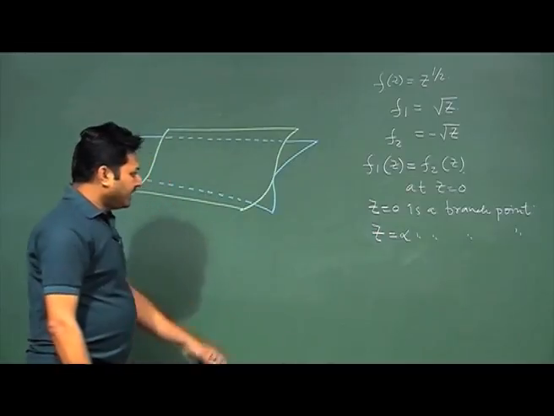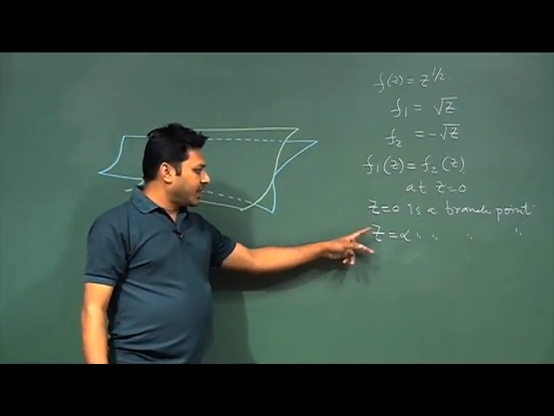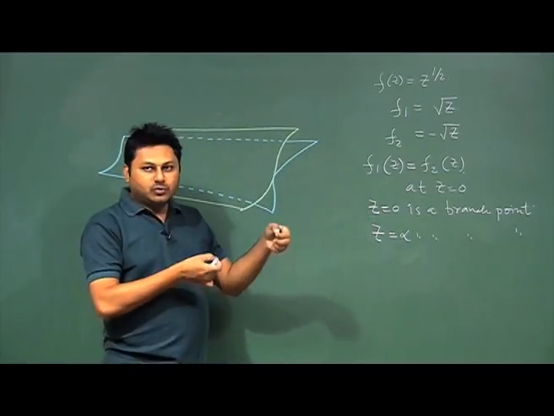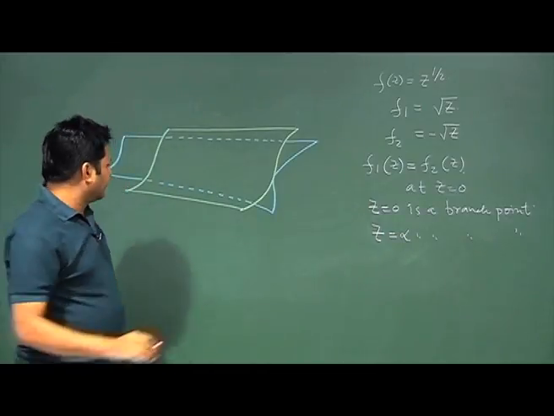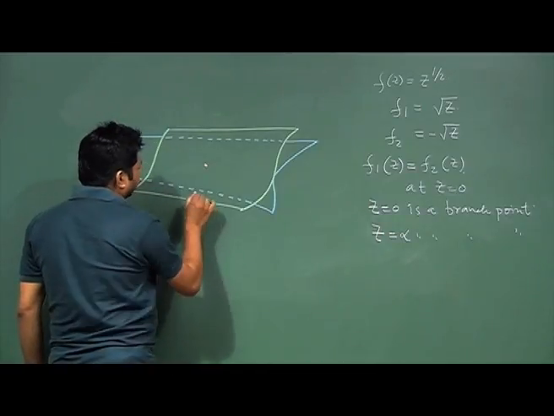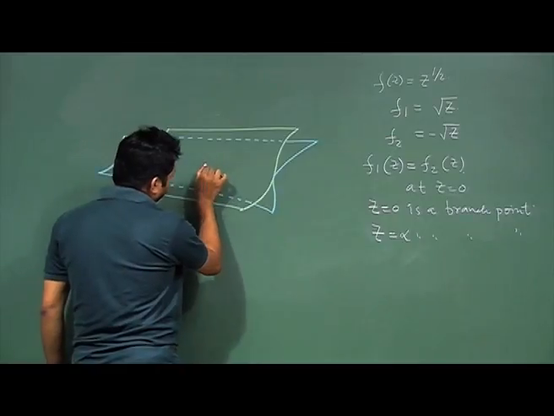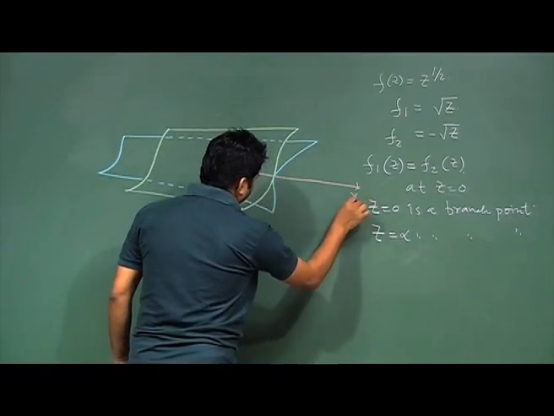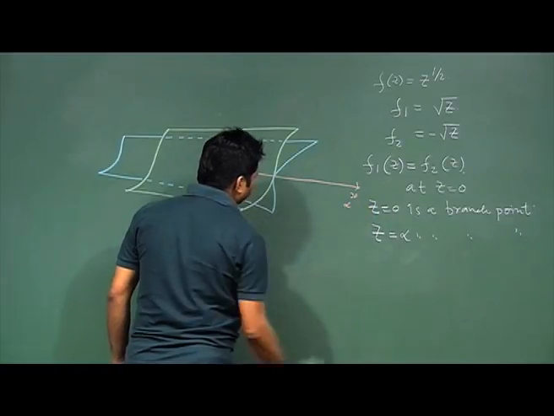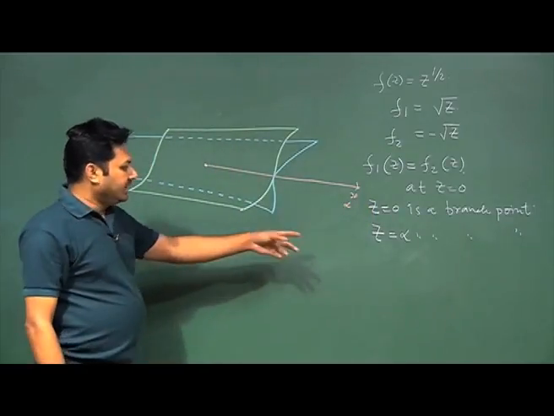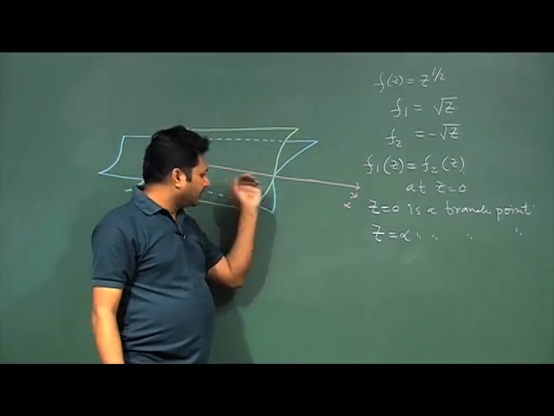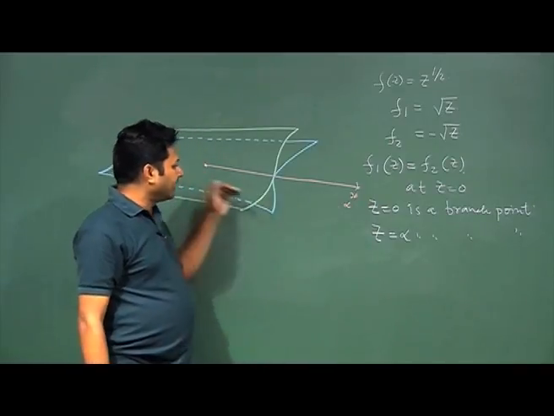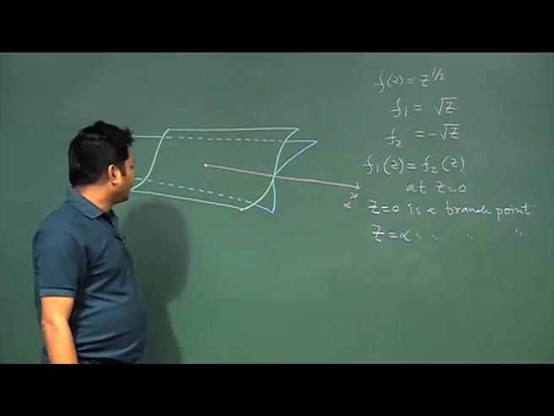Now, since I have two branch points, if I glue these two branch points, say this is my first z equal to 0 point, and this is my positive x axis, which goes to infinity. I can go to infinity in any direction, mind it, but let us take the positive x axis as my direction of infinity for this case.